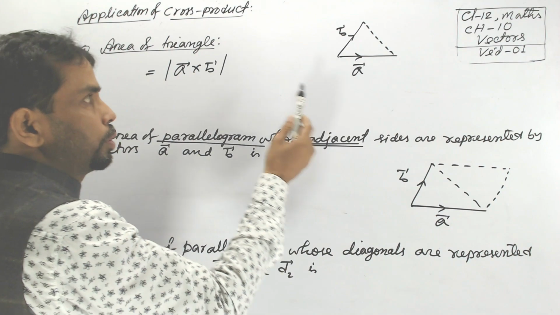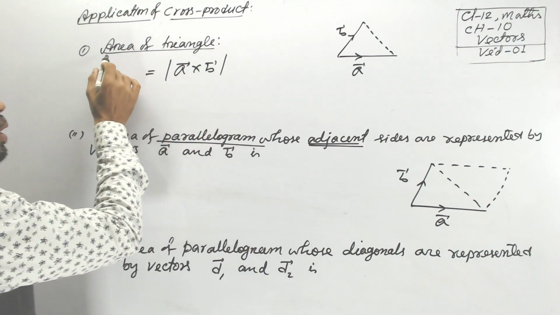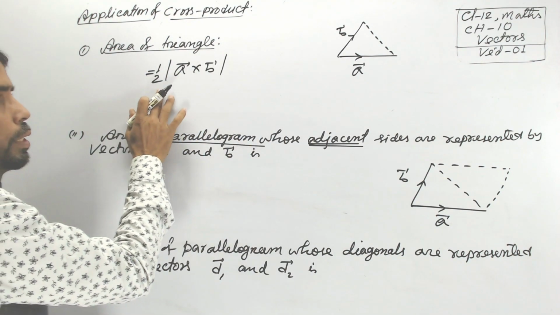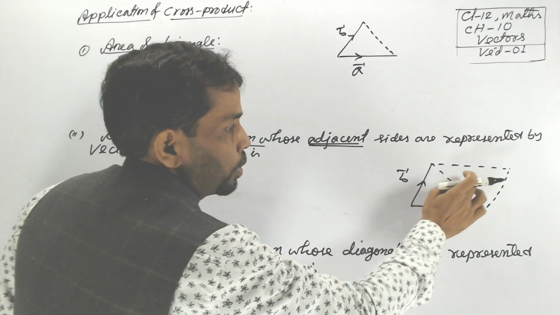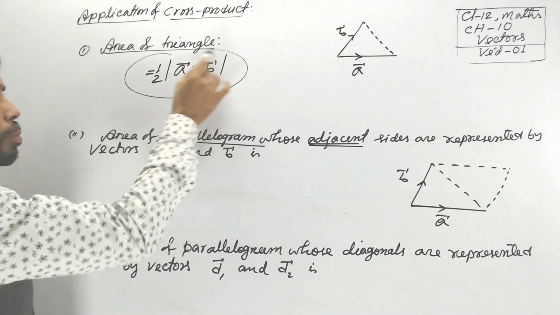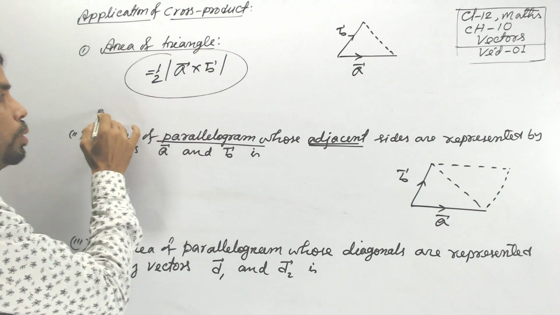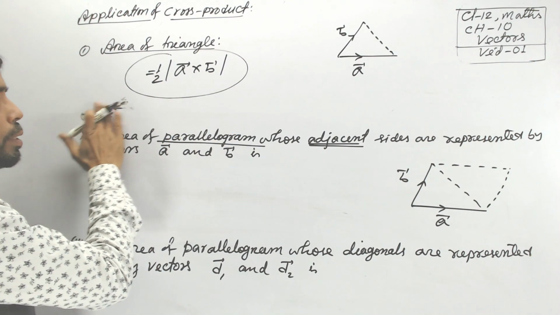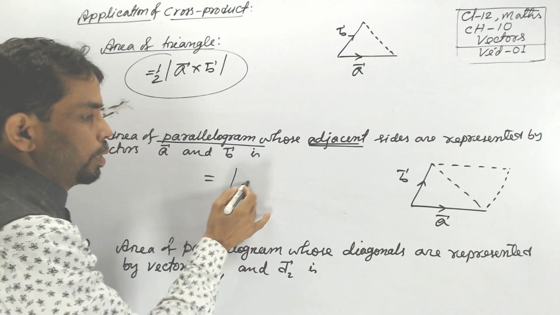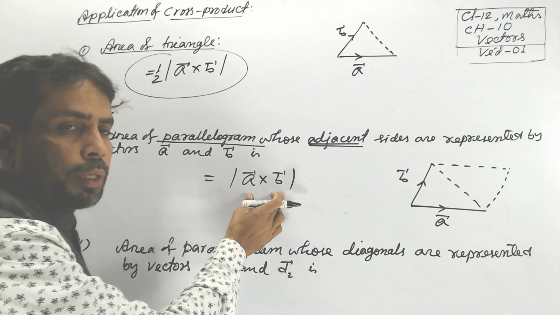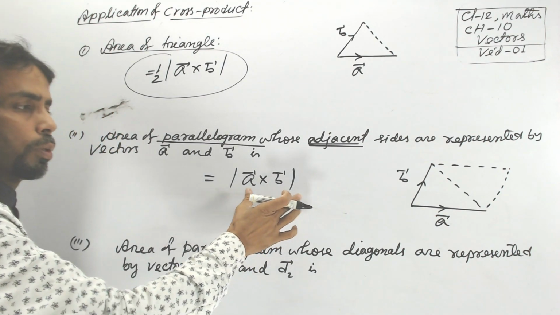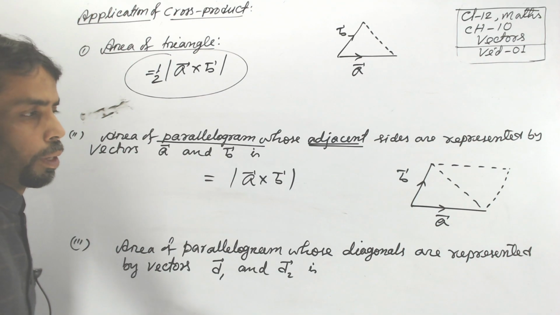So for the area of a triangle we have half of the magnitude of A cross B. And for a parallelogram we have two triangles, so we have to multiply this formula by 2. Half and 2 get cancelled, so the area of the parallelogram will be only the magnitude of A cross B. Cross product we have learned how to find, magnitude also, so we can find the area of the parallelogram.